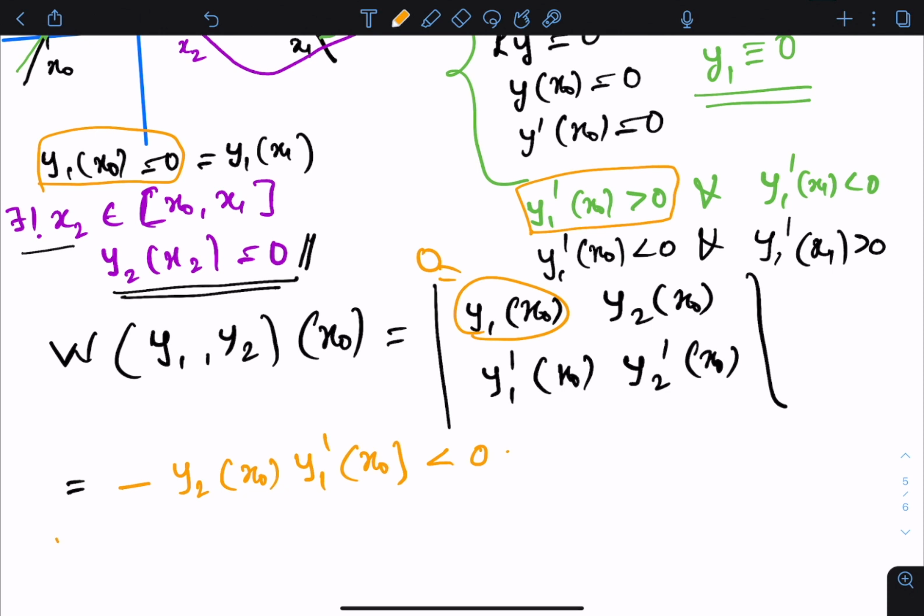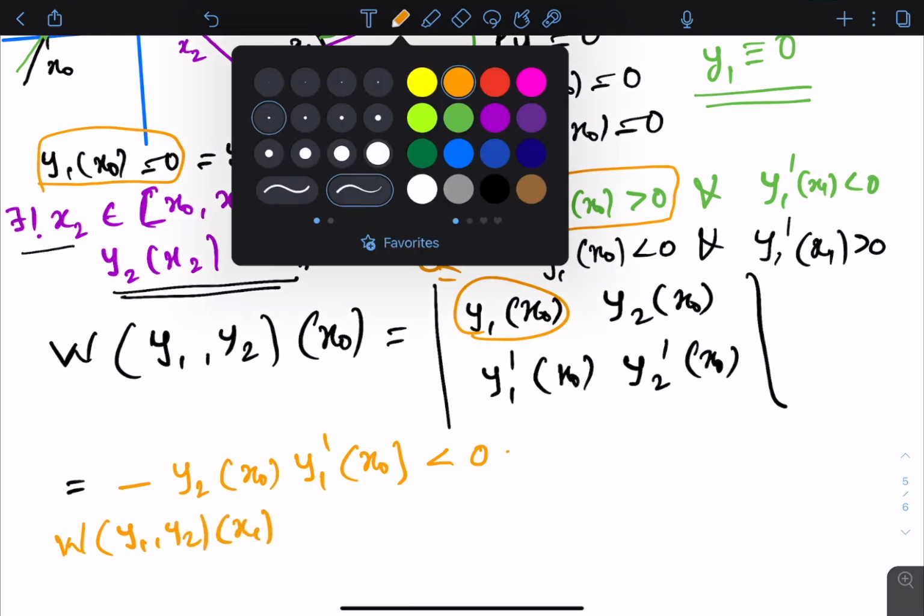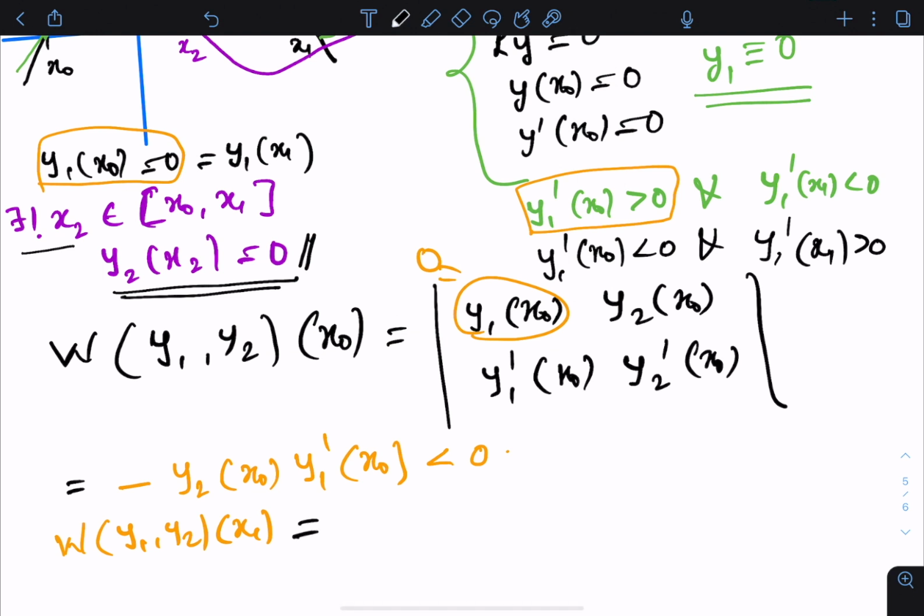Similarly, if you compute the Wronskian of y1, y2 at x1, that will be equal to, right, the same thing with y at x1. You will have minus, because at x1 again y1 of x1 is 0, so what you will get is the value of y2 at x1 and y1 prime at x1.